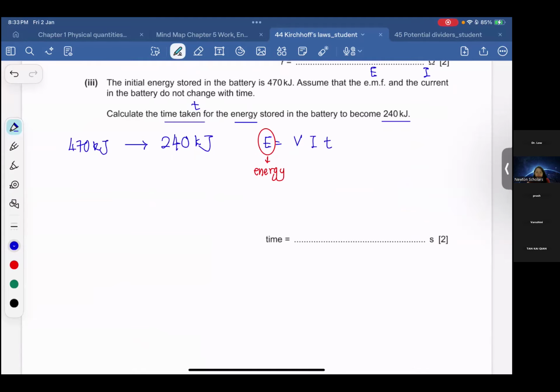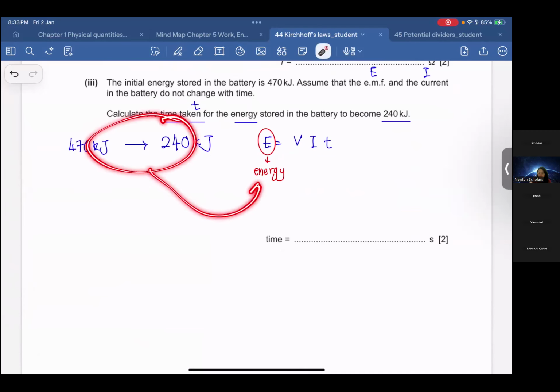Sean, no. Sean, you try, because 470 kilojoule drops to 240 kilojoule. In between, what is the energy loss? We want to find this energy loss. Put it in here, then you continue. Fawal, no. I think maybe you didn't use some prefix properly, but the figure is there.